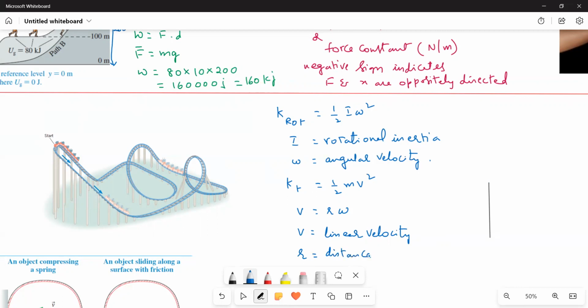Distance between, or position vector, distance between the axis of rotation and the mass. Okay, and here omega is the angular velocity.